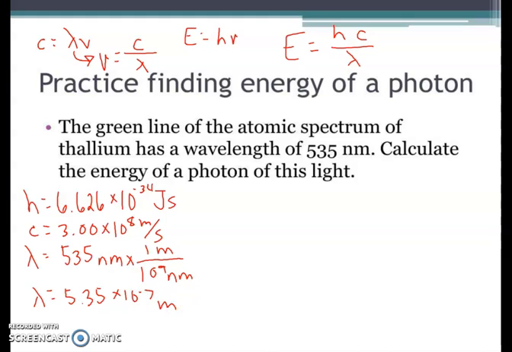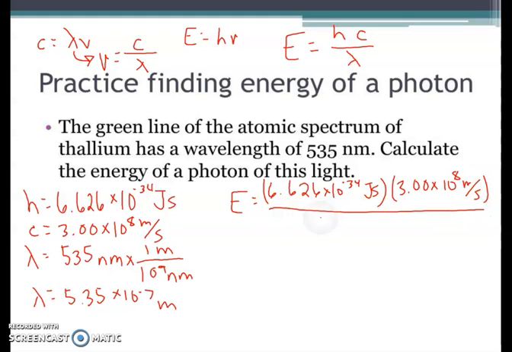Whenever we plug these in to solve, we would have energy is equal to Planck's constant, or h, 6.626 times 10 to the negative 34th joules times second. Multiply that by the speed of light, and then divide that by our wavelength, 5.35 times 10 to the negative 7th meters.